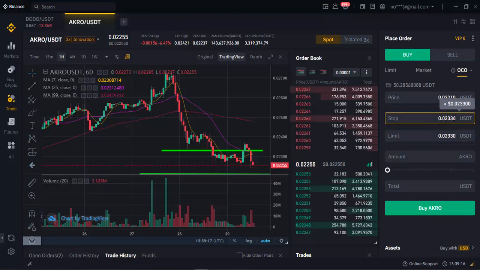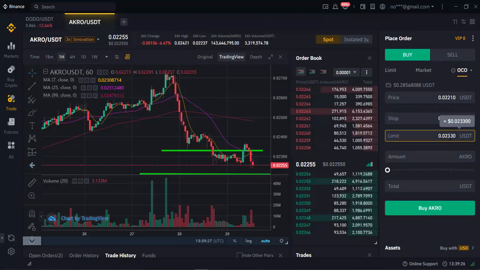Therefore, we reduce this by 1. Like I said, if you want to make use of the same prices, there's nothing wrong in that. If you want to make use of the two prices, there is nothing wrong.